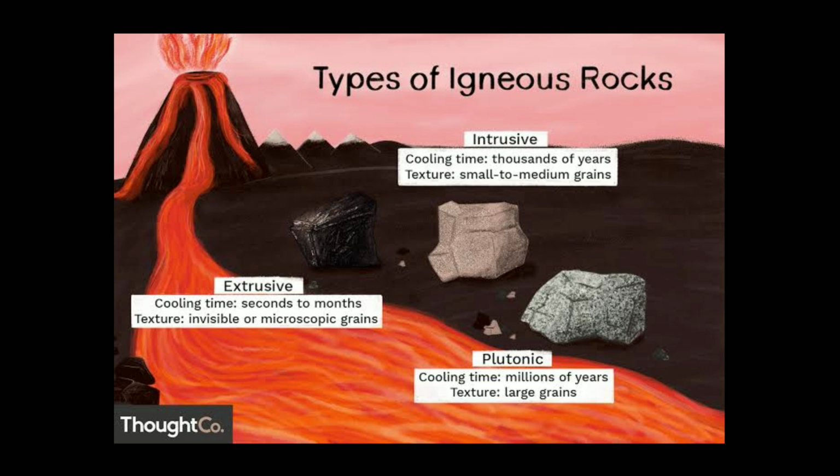Of these igneous rocks, there are 2 types: intrusive igneous rocks and extrusive igneous rocks. Intrusive means the molten materials do not reach the earth's surface. So it is known as intrusive igneous rocks. The molten materials that reach the surface of the earth form extrusive igneous rocks.